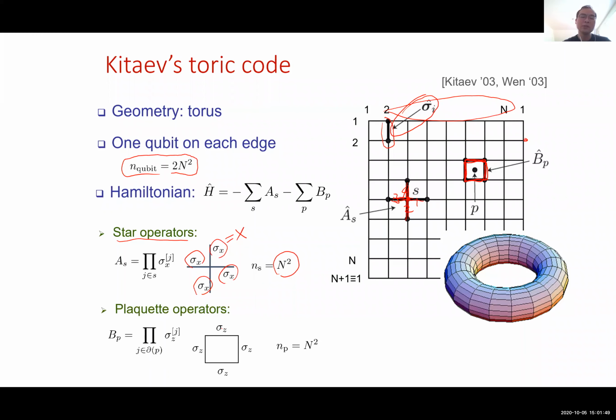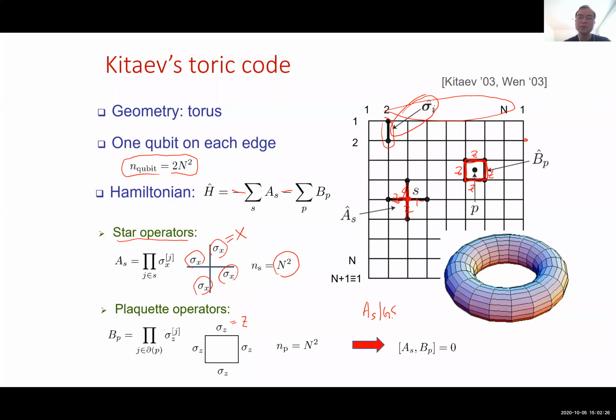The operator is a product of sigma z, so Z, Z, Z, Z. These are translated through all the lattice. You translate over all the vertices, you have all the star operators. Translate the pocket, you have all the pocket operators. So the Hamiltonian is the sum of these two, with a minus sign, because then you can define the ground space.